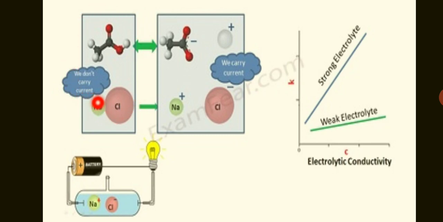Solid sodium chloride does not carry current, but when we dissolve sodium chloride in water, it dissociates into Na+ and Cl- ions, and these free ions are responsible for carrying current.